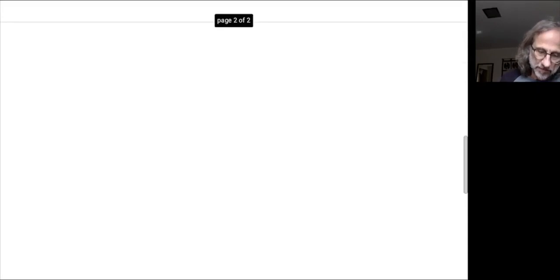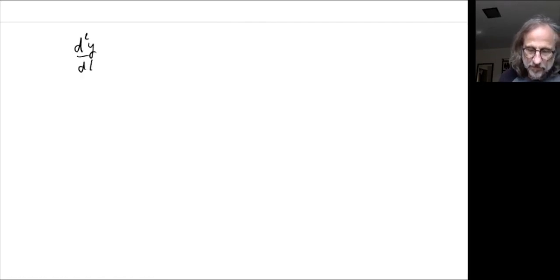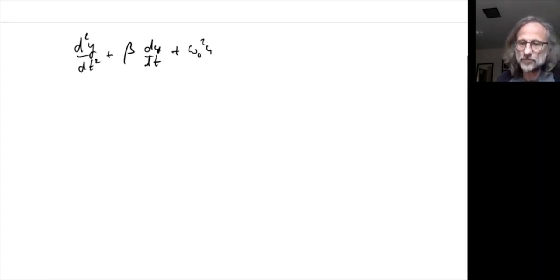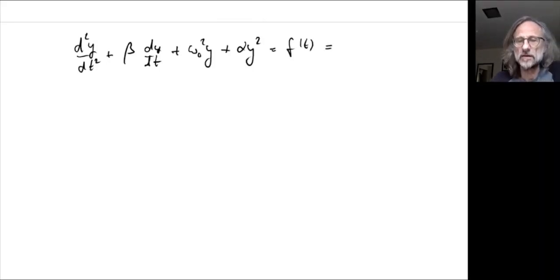And let me pick the following oscillator. It's d²y/dt² plus beta dy/dt, some damping, plus omega_0² y plus alpha y² equals f(t). And I'm going to pick, as I said, a 3-to-1 forcing.